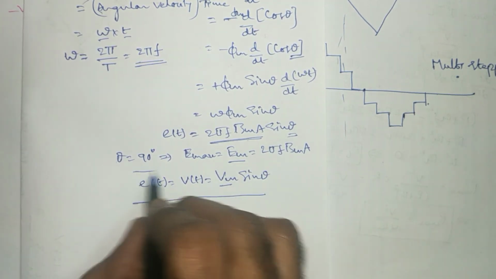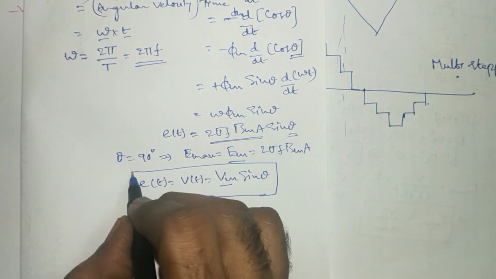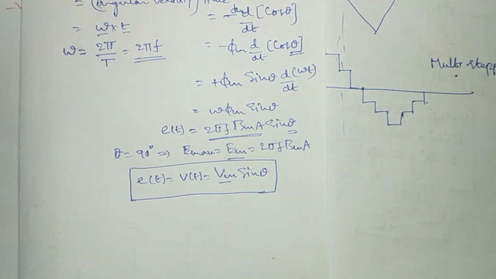So this is the expression for the voltage waveform that we get for a simple loop generator, meaning a single conductor generator.